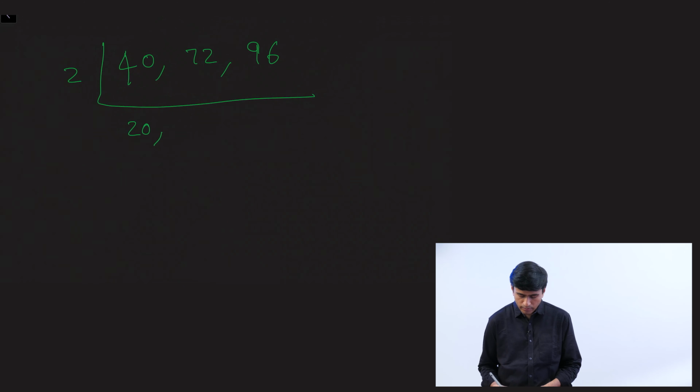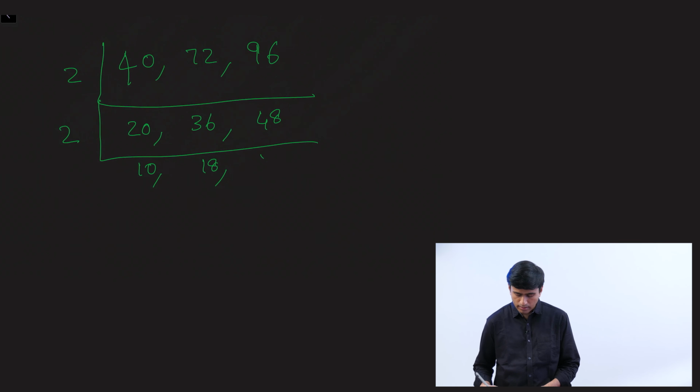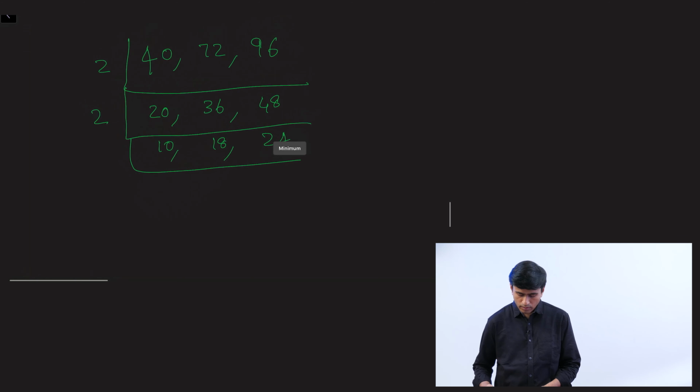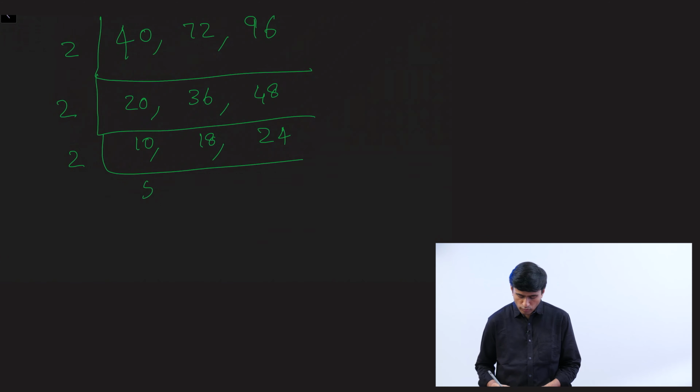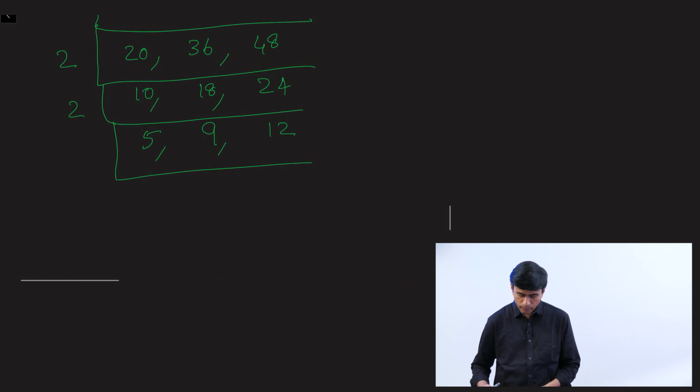2 20s are 40, 2 36s are 72, 2 48s are 96, 2 10s are 20, 2 18s are 36, 2 24s are 48, 2 5s are 10, 2 9s are 18, 2 12s are 24.